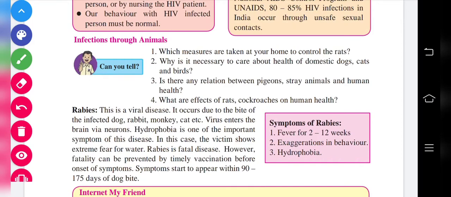Through rats the plague can spread in the human population. Cockroaches are proven to carry typhoid. Both are contaminated and destroy our food also. Therefore, rats and cockroaches have a direct effect on human health.